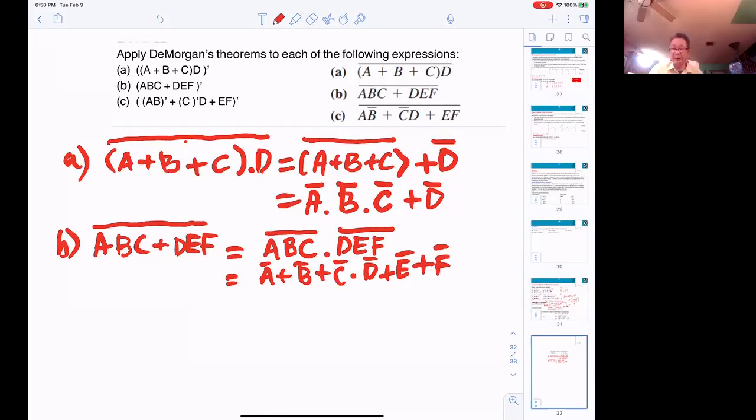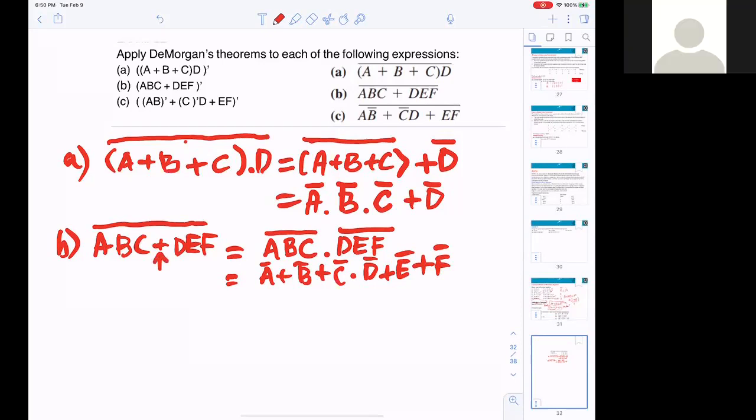Right? Okay, now you're talking about number B. What you need to do is deal with either inside or outside the product. Do this first.